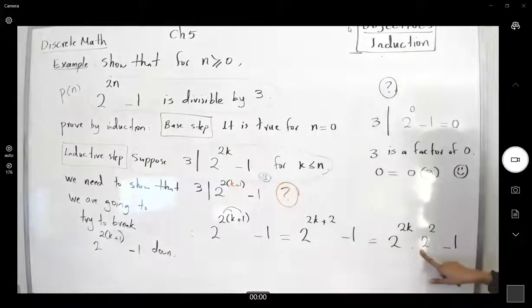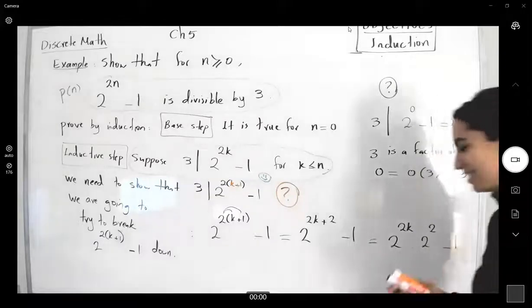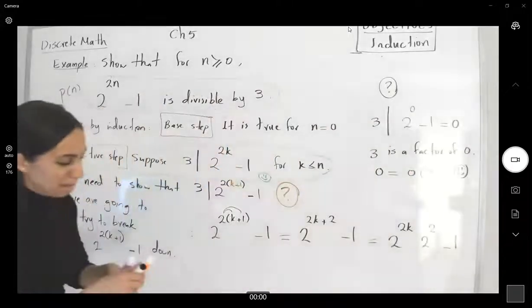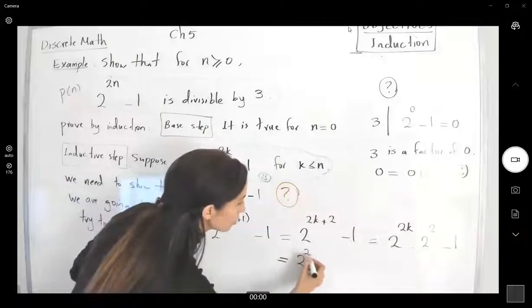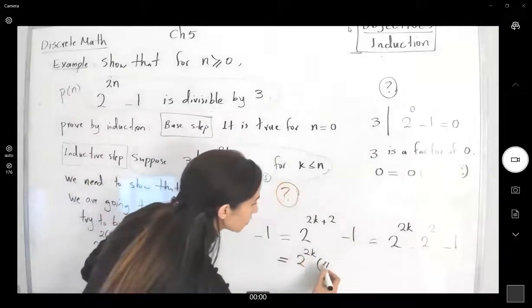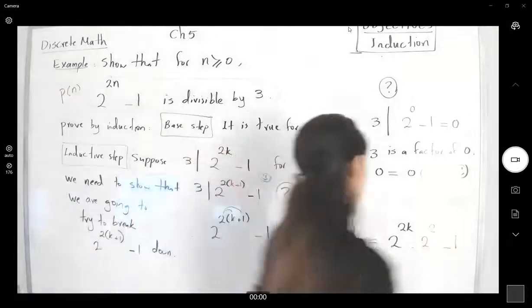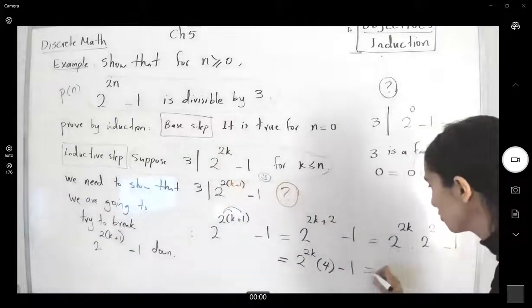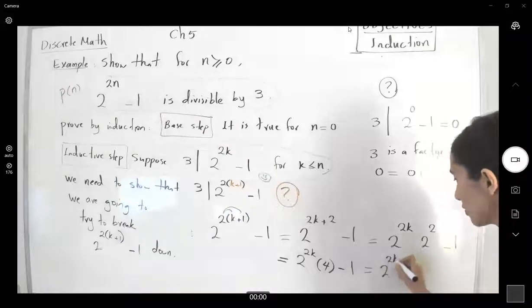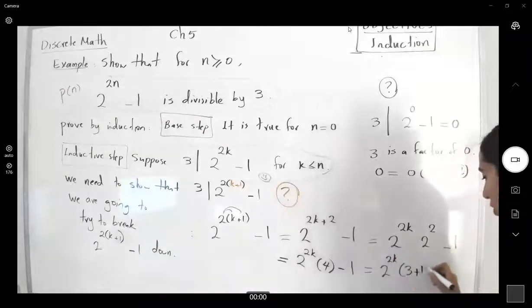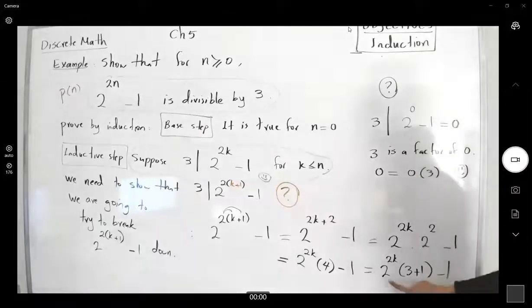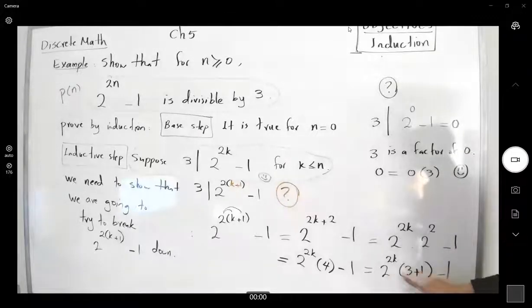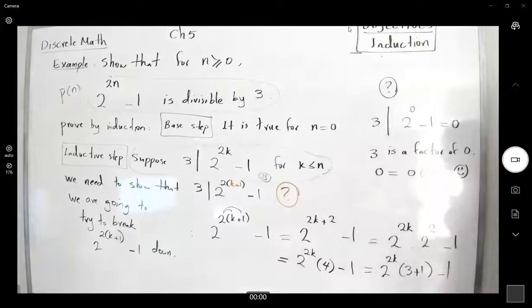This is 4. 4 is 3 plus 1. So this is equal to 2 to 2k times 4 minus 1, which is equal to 2 to 2k times (3 plus 1) minus 1. Now I'm going to distribute 2 to 2k into parentheses.